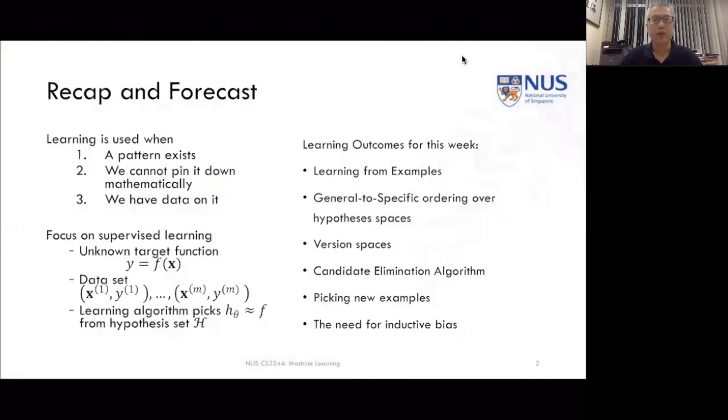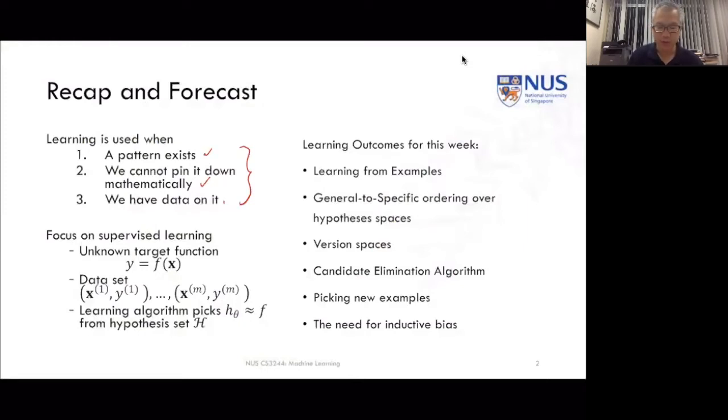So every week we're going to do a recap of what we did the previous week and also go over the forecast for what we're going to cover this week. So last week we talked about the important aspects of learning, right? We said that learning has 3 components which we need to have and pay attention to. That a pattern exists, that oftentimes we might not be able to formally write down a formulation for it, that's why we want to learn it, and that we have data for it.